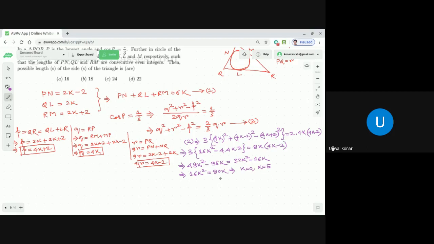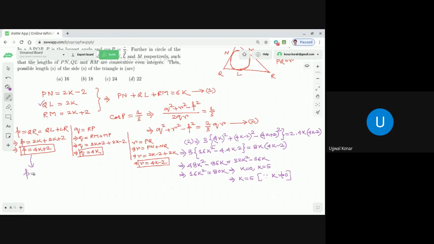If K is equal to 0, then we start getting QL equal to 0, which is not possible. So this implies the acceptable value of K is 5, since K cannot be equal to 0. Correct? So now if K is equal to 5, what values of P do we get?